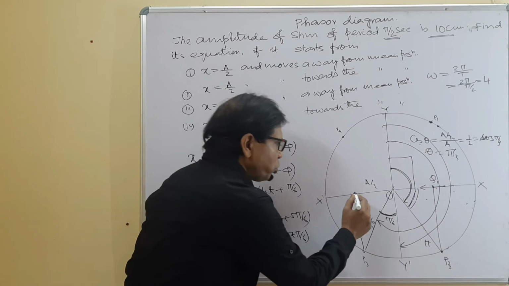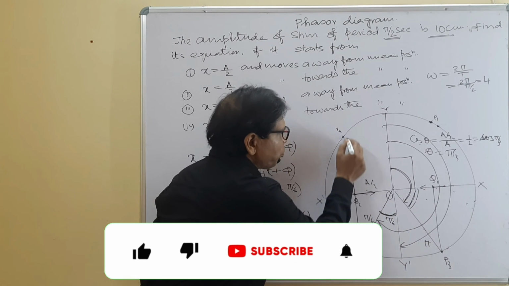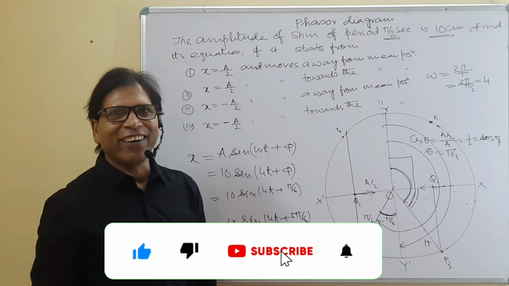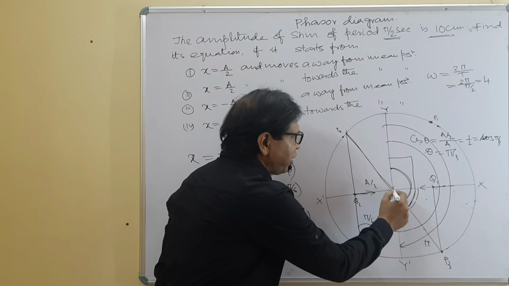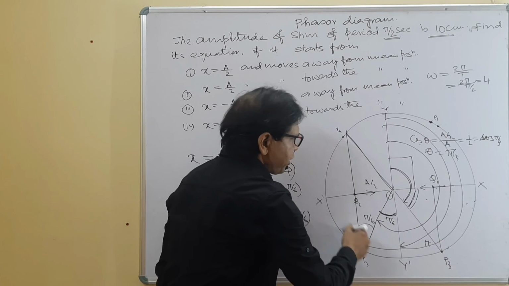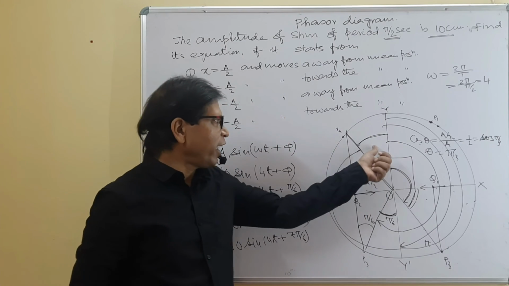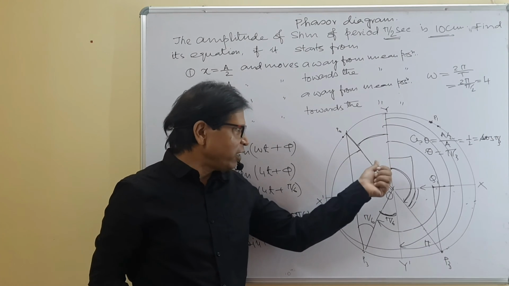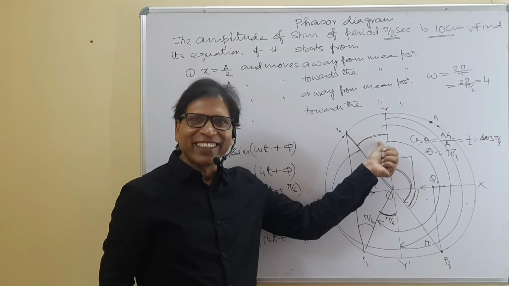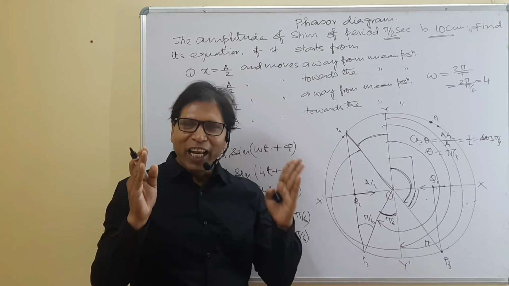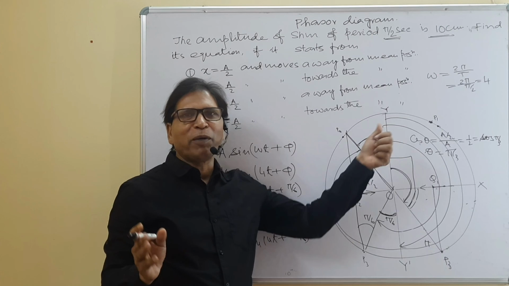When the SHM moves towards the mean position, the instantaneous position of the particle is here. What is the initial phase? The initial phase is this angle, that is 2 pi minus pi by 6, that is 11 pi by 6, or it may be written as minus pi by 6.